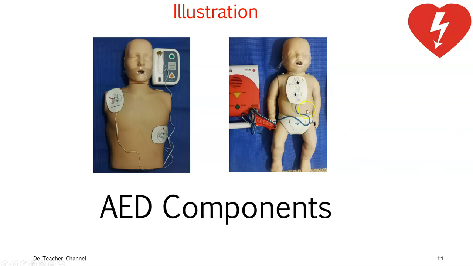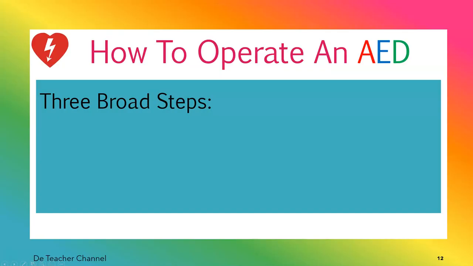Okay, for the baby, it's the same principle. The only thing is that in most cases one pad is placed in front and the other pad is at the back. More will be said on this later.